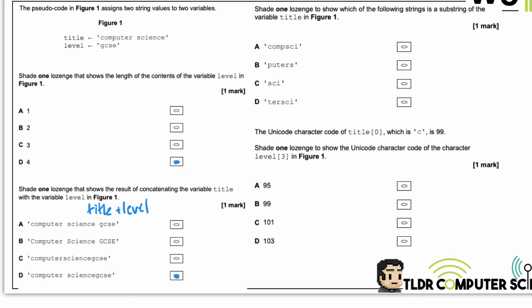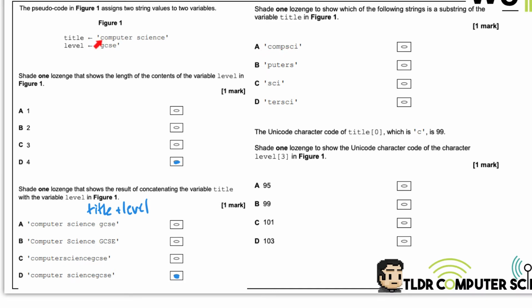Okay, onwards and upwards. Shade one lozenge to show which of the following strings is a substring. So that's a string that fits inside it. So a substring is any small part of the variable title. So title is here, so that's the full string. A substring, well, put would be a substring. Omp would be a substring. Computer would be a substring. So comp ski.